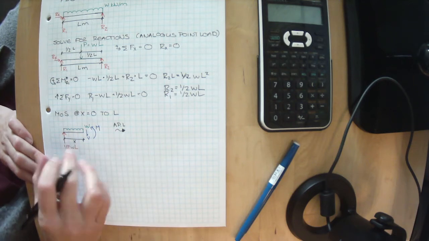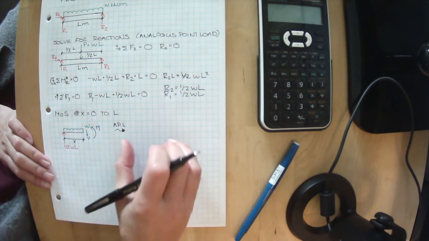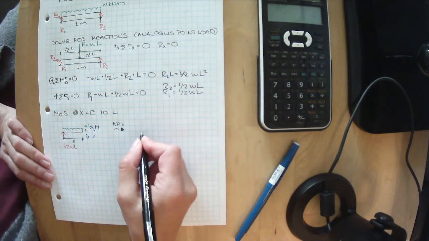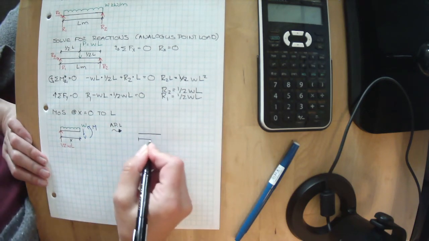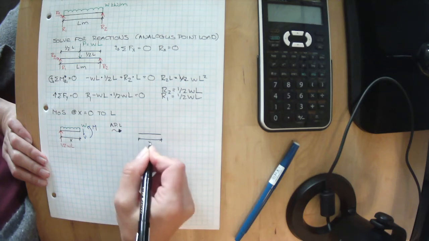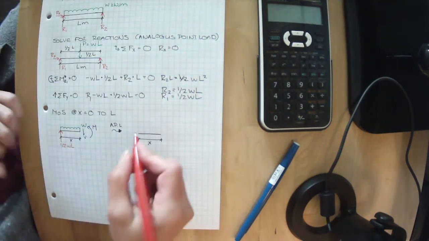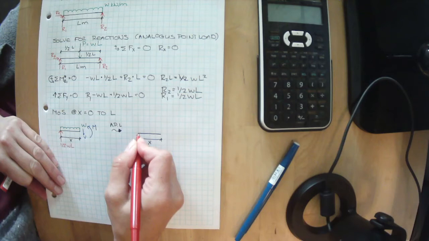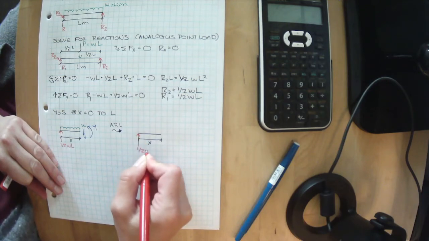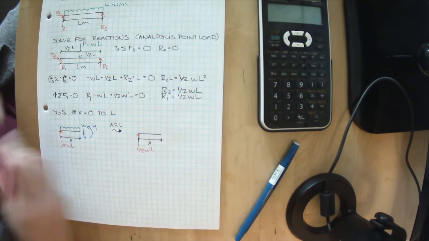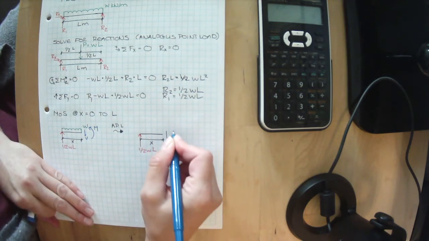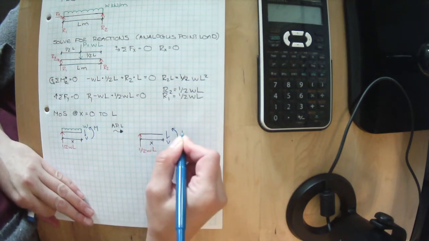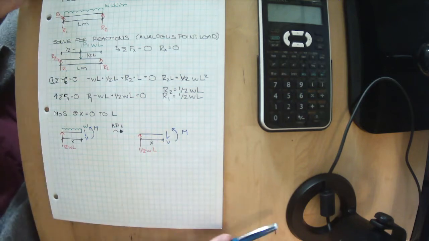This is still the free body diagram of this section, but we can use an analogous point load to help us out just a little bit. So we still are cutting this at X. We still know that our reaction is 1/2 WL. We still know that we must have an unknown shear and an unknown moment that are holding these in place.